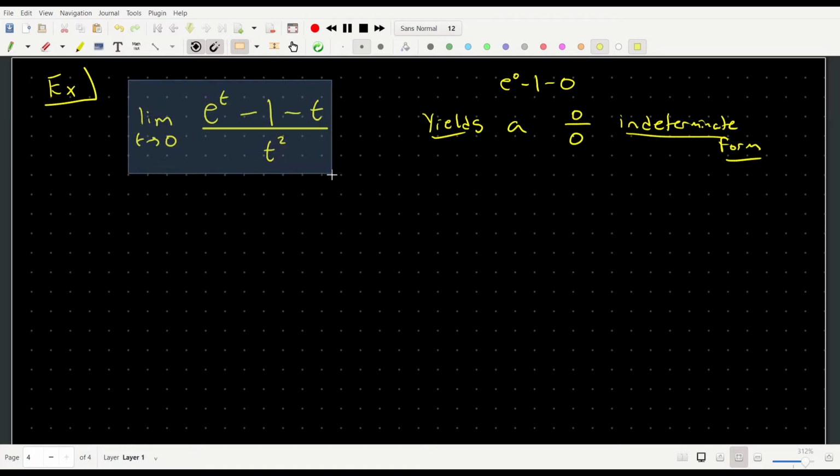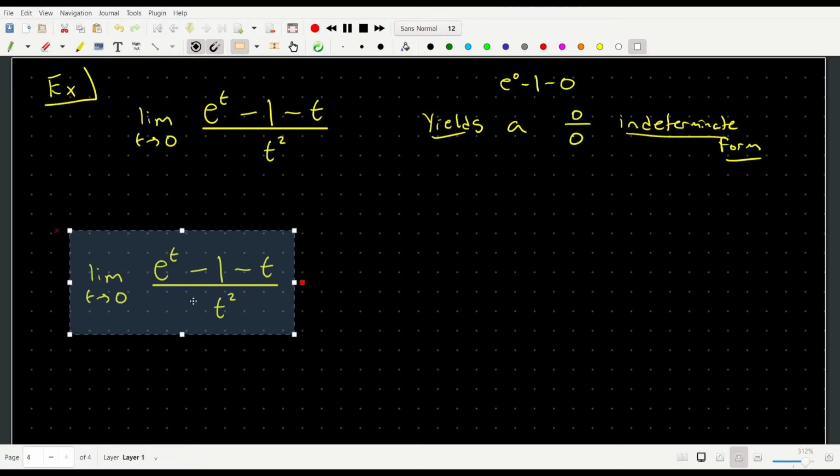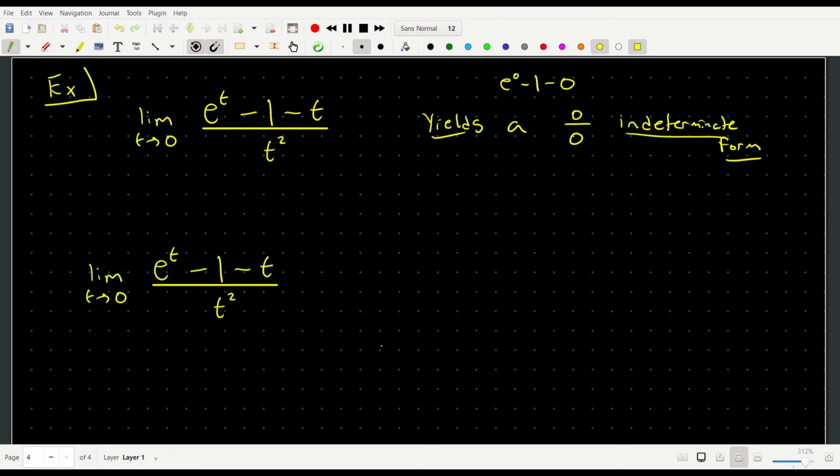In terms of evaluating this, these derivatives are a little bit easier to evaluate than in the previous problem. The derivative of e to the t minus 1 minus t goes to, well, the derivative of e to the t is just e to the t.